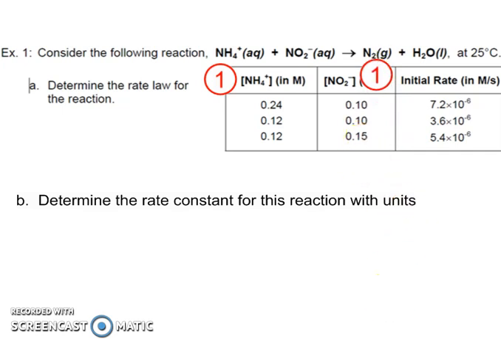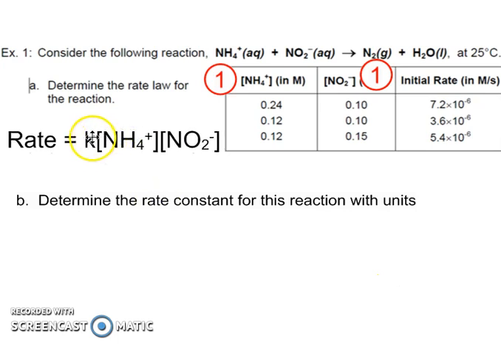So if I were to write a rate law for this, it would be rate is the rate constant, lowercase k, times ammonium to the first power, times nitrite to the first power. So it would be first order with respect to each of the reactants. We could say it's second order overall. And this would be the rate law that's consistent with our experimental data.